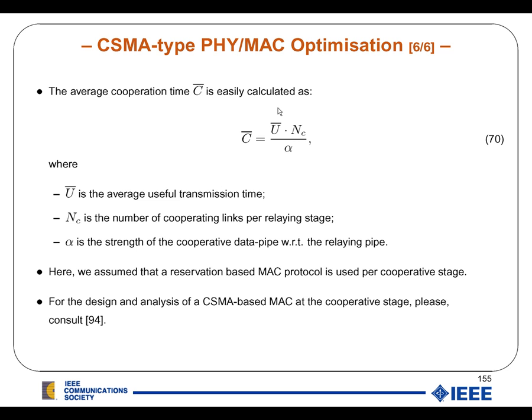For instance, if I use wireless LAN at 10 megabits per second to realize a relay, and I use ultra-wideband at 100 megabits per second to achieve cooperation, alpha would be 10. We also assume that within the cooperative stage we have a reservation-based medium access control. If you are interested in looking at CSMA-based MACs for the cooperative stages, please consult reference 94.